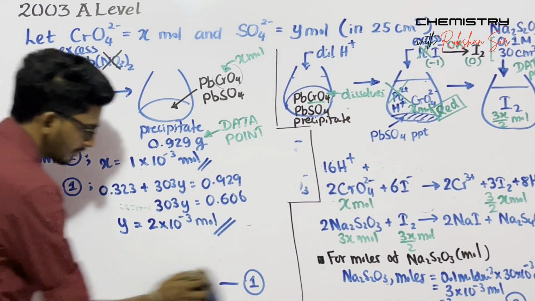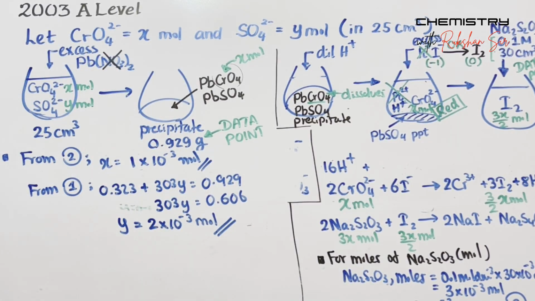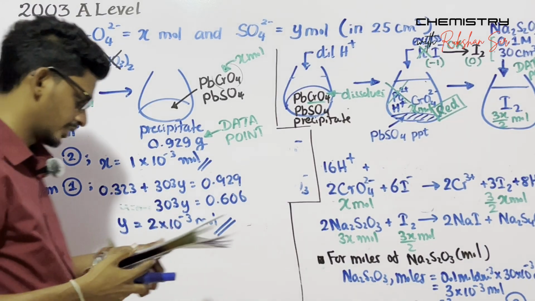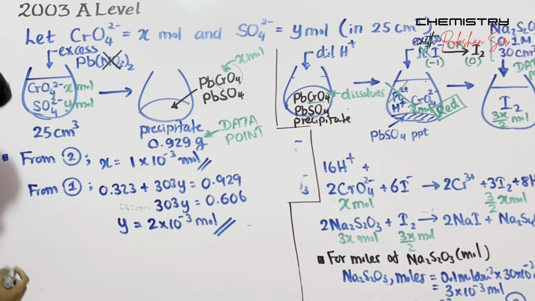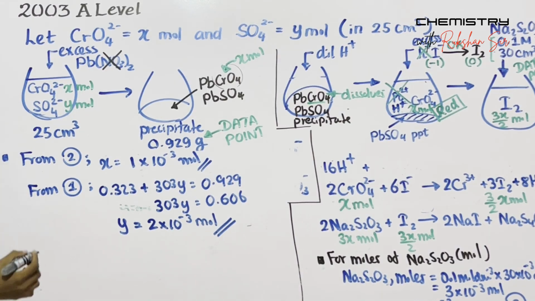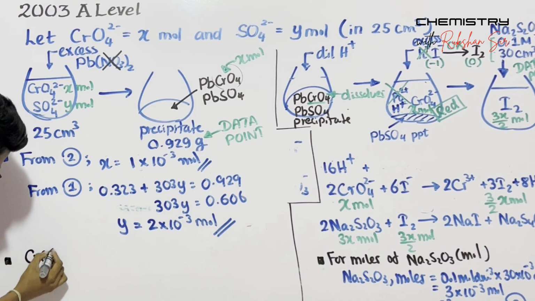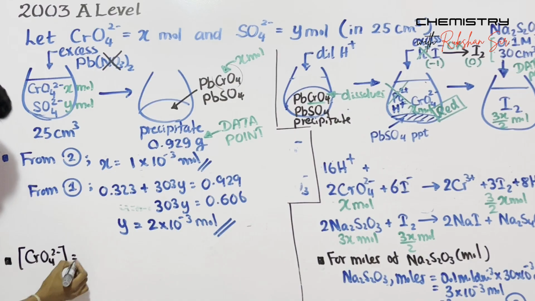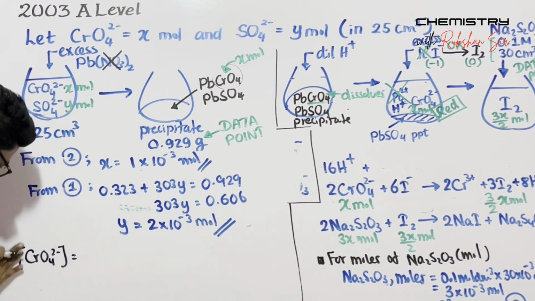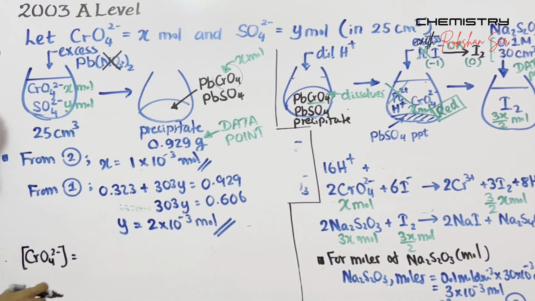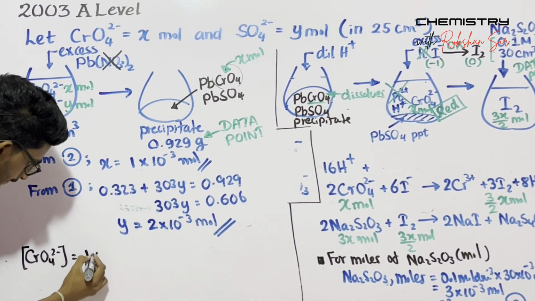So ultimately, we can come up with the concentrations. They are looking for the concentrations. So the two concentrations, let's come up with those. First for the chromates, the concentration of chromate is equal to, your number of moles is 1 into 10 minus 3.